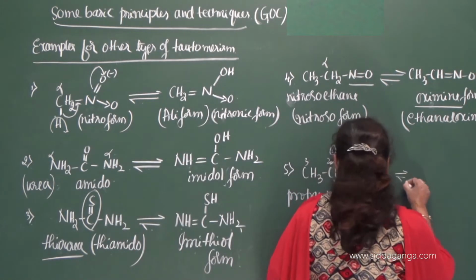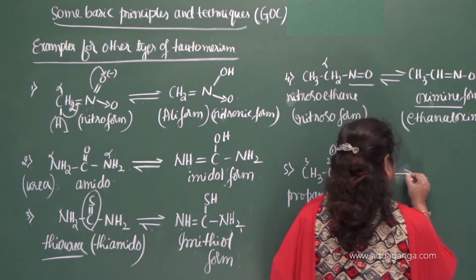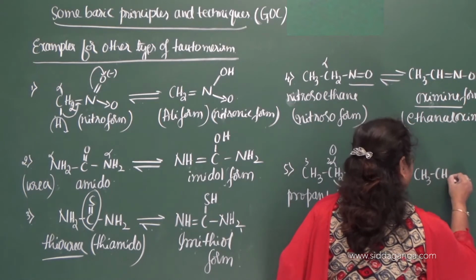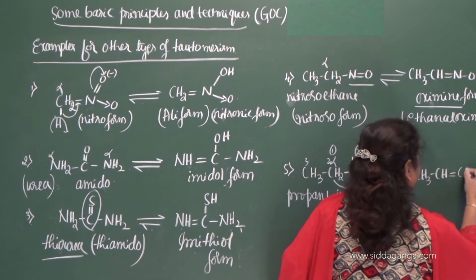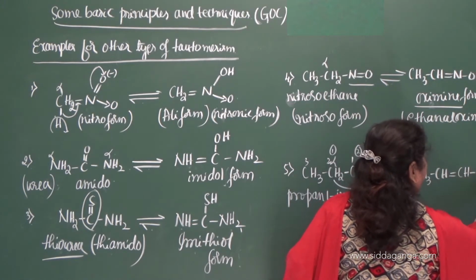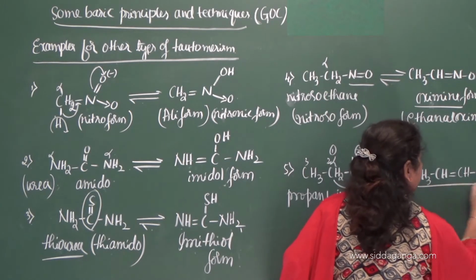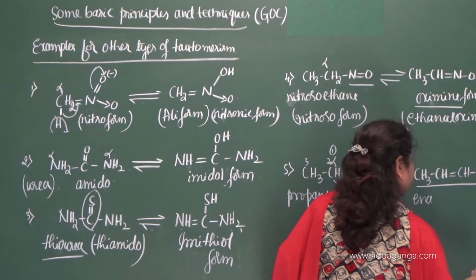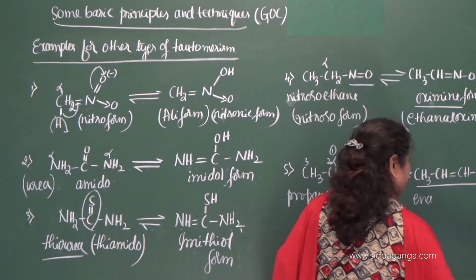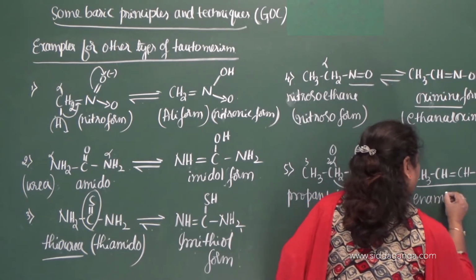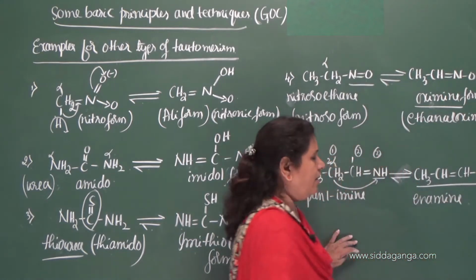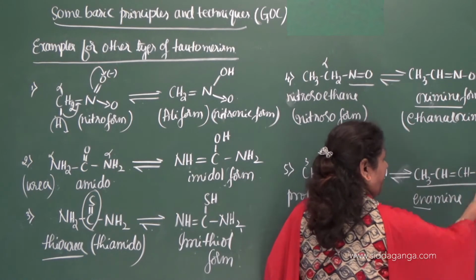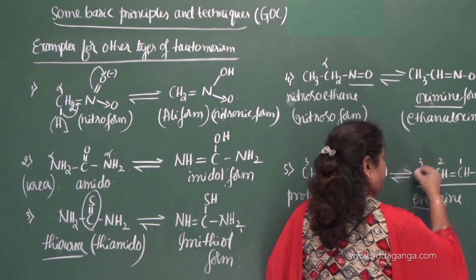Now, what do you get? You'll get CH3 CH double bond CH NH2. So what is this called? Enamine. Enamine form. Why is it enamine? En stands for double bond, amine, NH2 group. And what is the IUPAC name here?